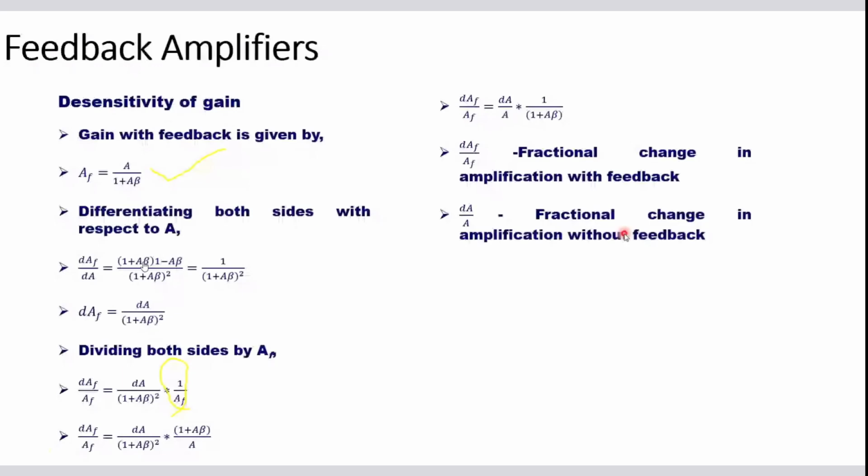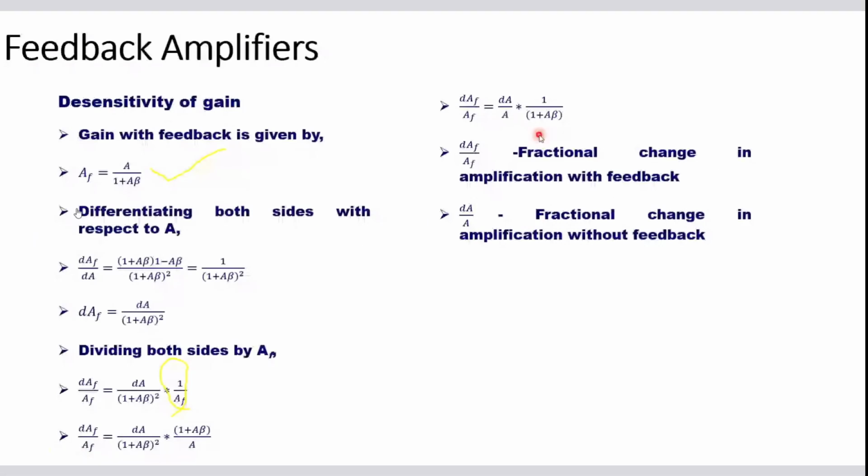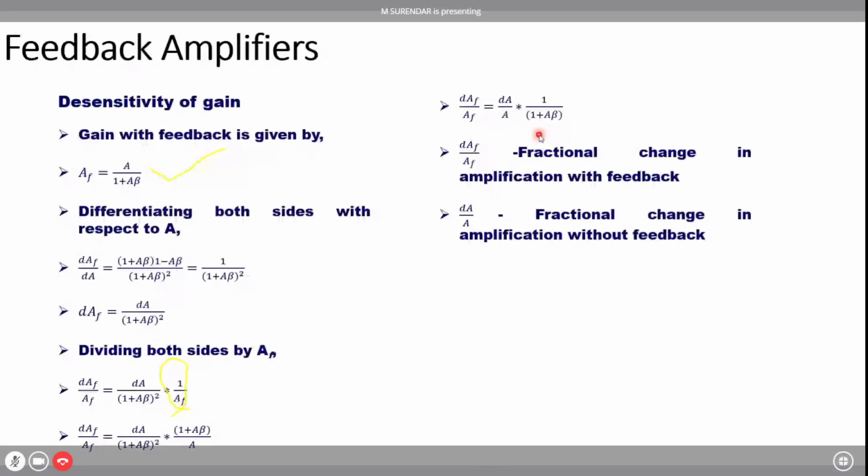So the fractional change in the amplification with feedback will be much lower when we compare, because we have the term 1 by (1 plus A beta) on the right side. So your dAF by AF value will always be lesser than dA by A. That is the main inference we are seeing here.